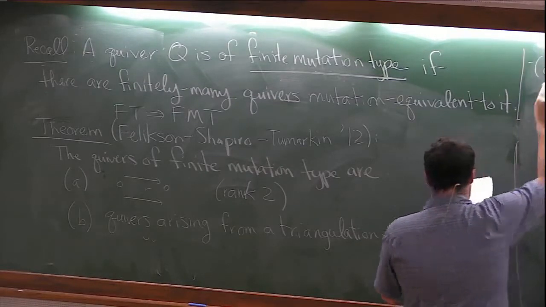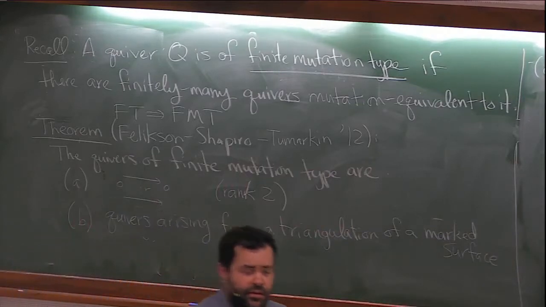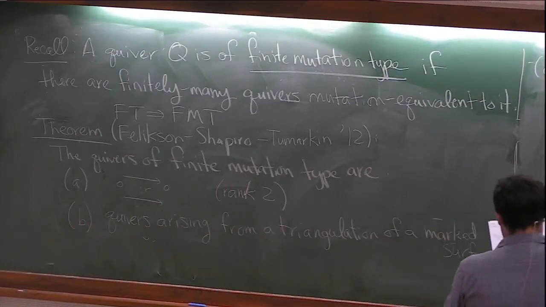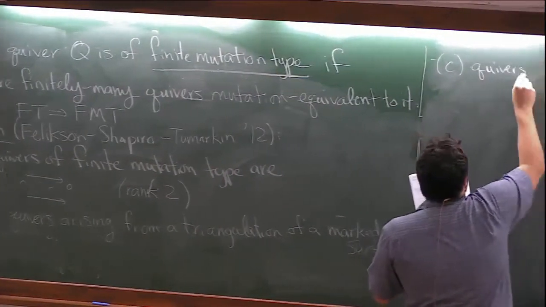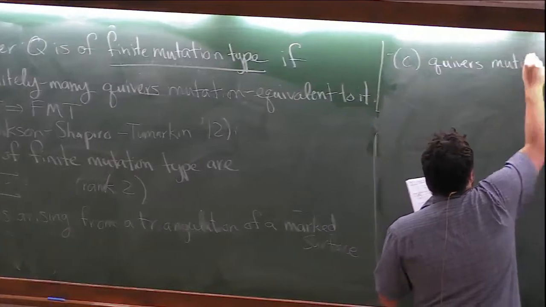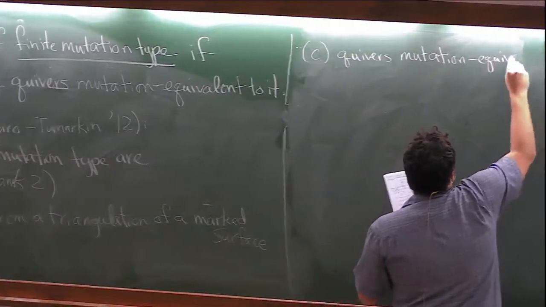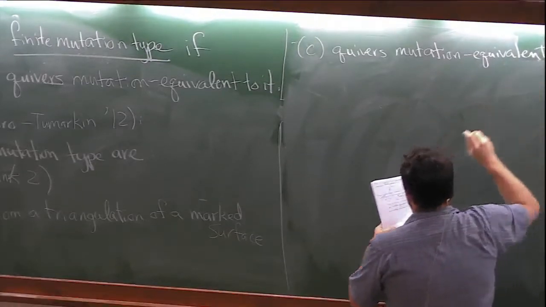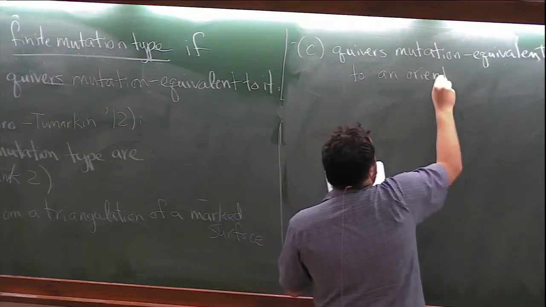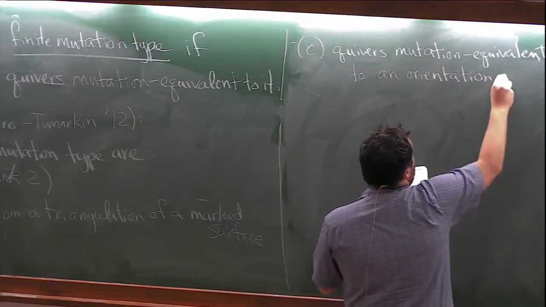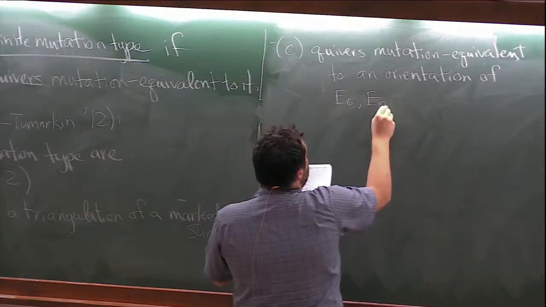So C is quivers mutation equivalent to E6, E7, or E8. Okay? Which I told you last time what those quivers were. Or 2 times ago, I guess. Or quivers mutation equivalent to an orientation of E6, E7, or E8.